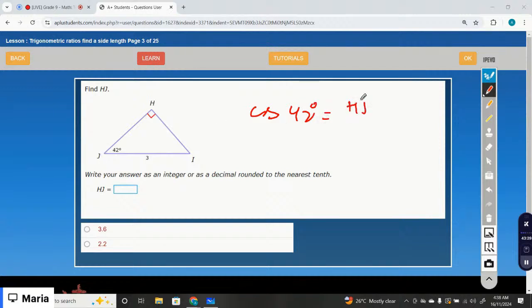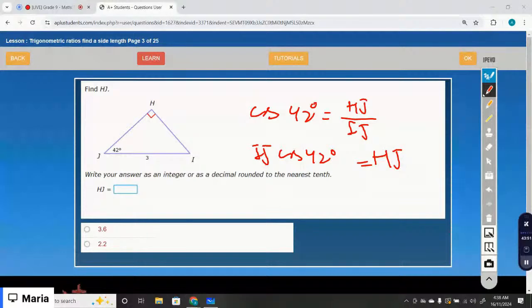That equals HJ divided by IJ. So HJ equals IJ cos 42 degrees. So let's just evaluate cos 42, that is 0.74 times IJ is 3.